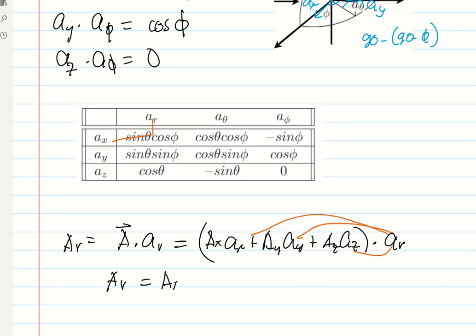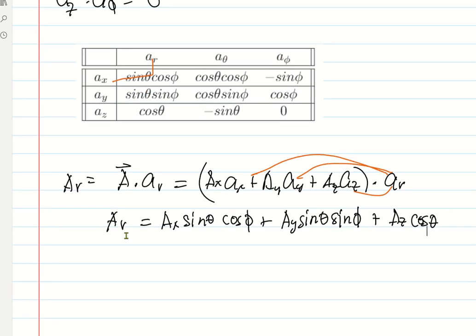So this is Ax sine theta cosine phi, plus for ay dot a_r, it's sine theta sine phi, so Ay sine theta sine phi. And for az dot a_r, it's cosine theta, so plus Az cosine theta. So this will be the value for the component in the R direction.